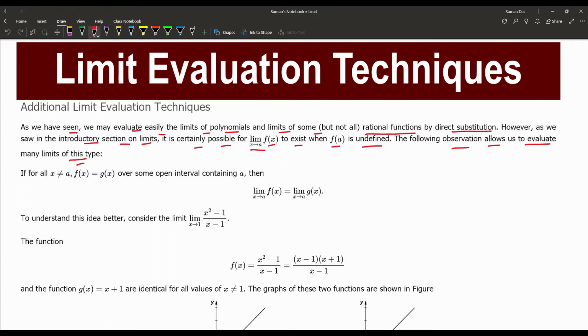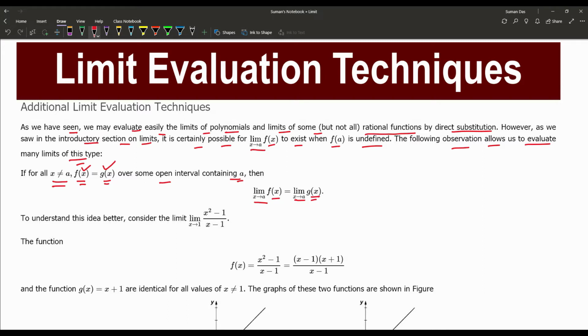Suppose for all x not equal to a, f(x) is equal to g(x) over some open interval containing a. Then we may write that the limit as x tends to a of f(x) is equal to the limit as x approaches a of g(x).